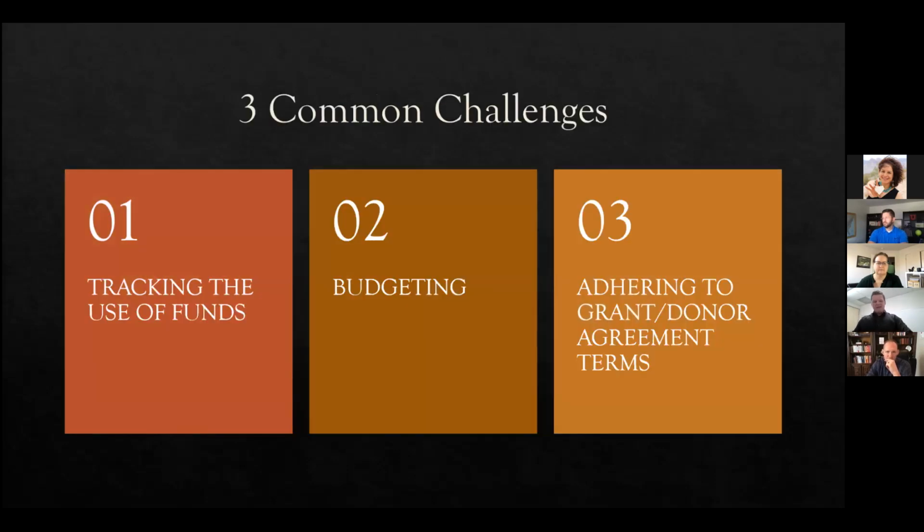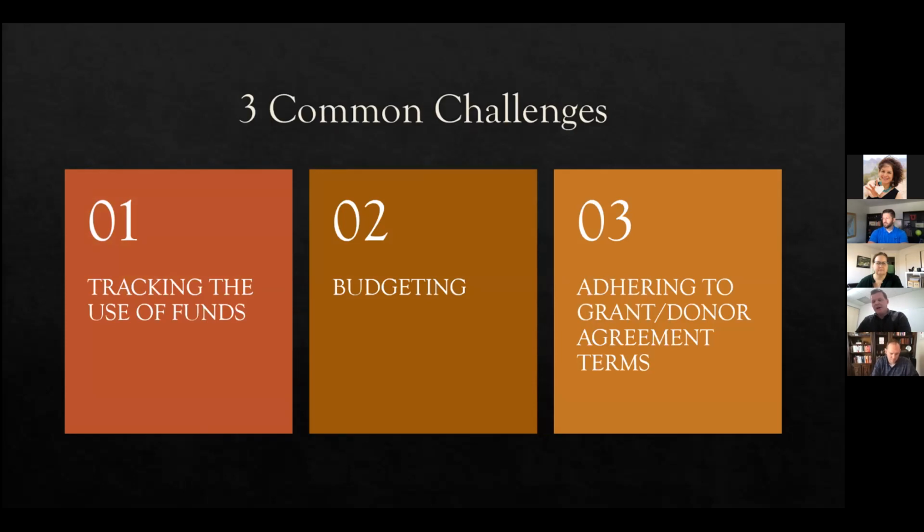Three common challenges that I see people struggle with when working in a nonprofit is tracking the use of funds. Oftentimes when you get a grant or money, you're in some cases required to track that. And a lot of people try to just track it on paper. Depending on how big the donation is and who's all involved, that's not going to cut it.